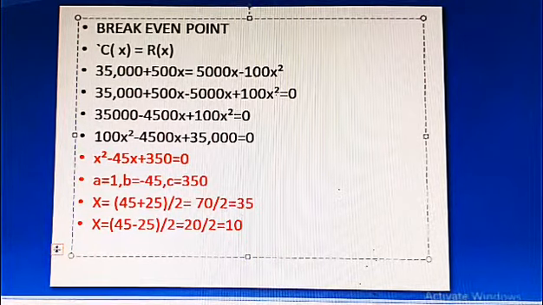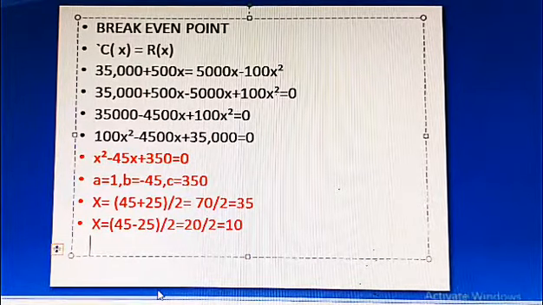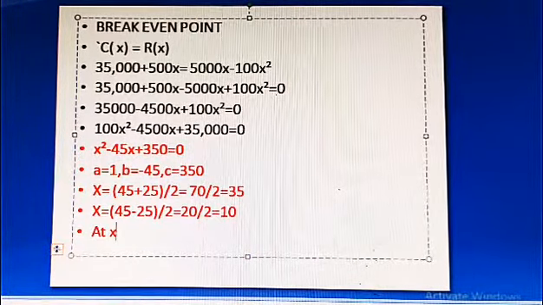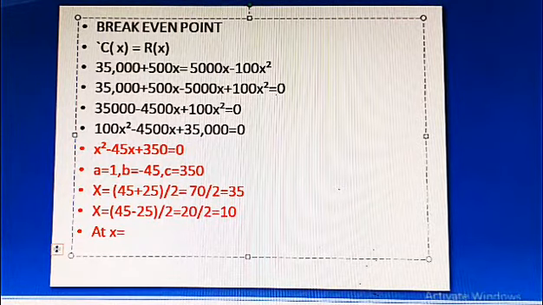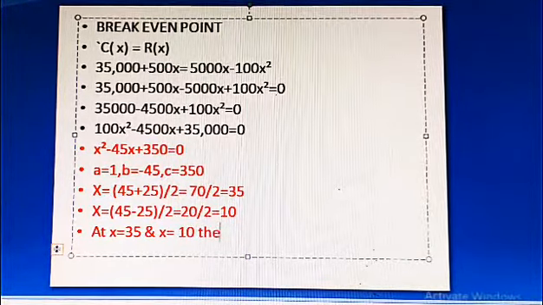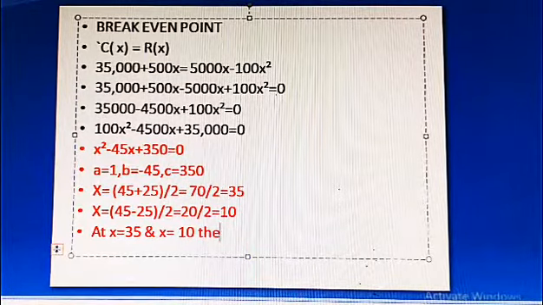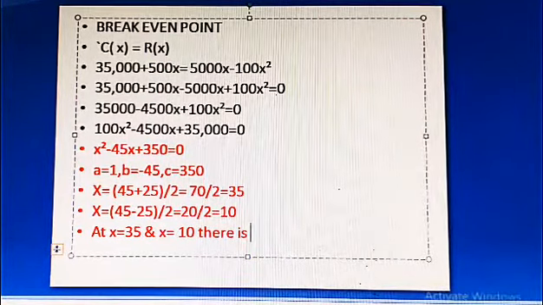It will give you 10. So here you have two break-even points. At x is equal to 35 and x is equal to 10, they have the break-even points.